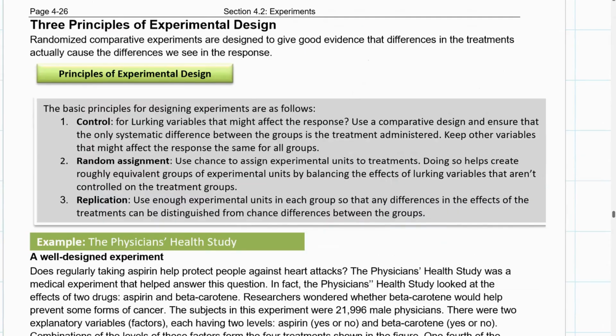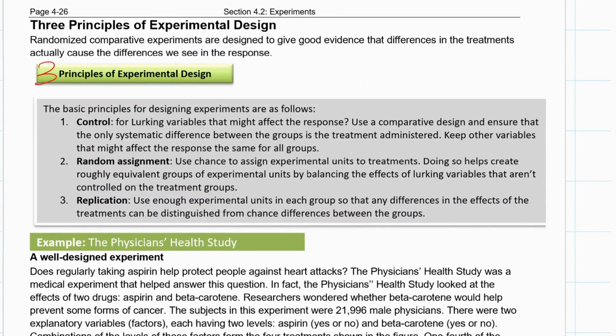When we do these experimental designs, College Board really wants to make sure that you focus on the big 3 principles of experimental design. Item number 1 is control. The control for lurking variables. A comparative experiment ensures that the only systematic differences between groups are the treatments administered.